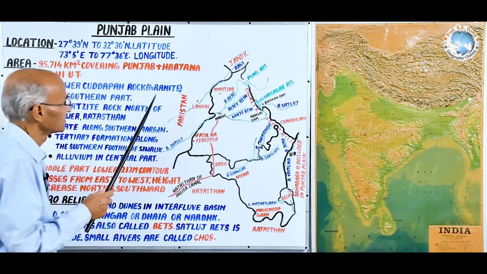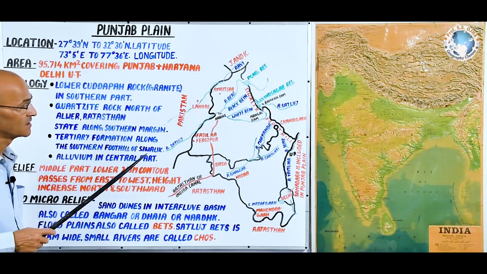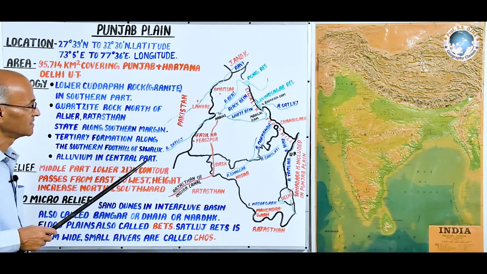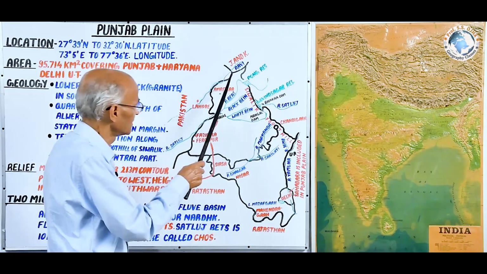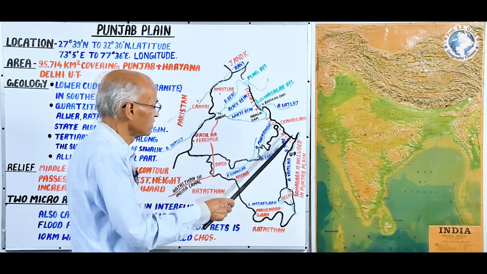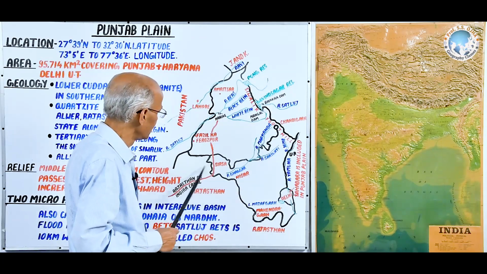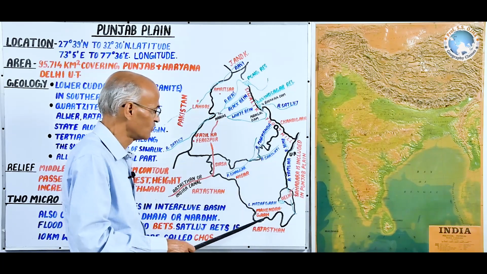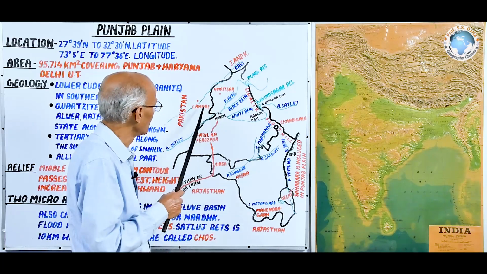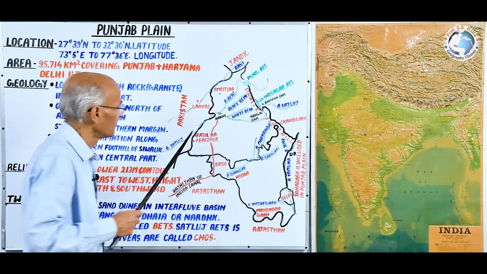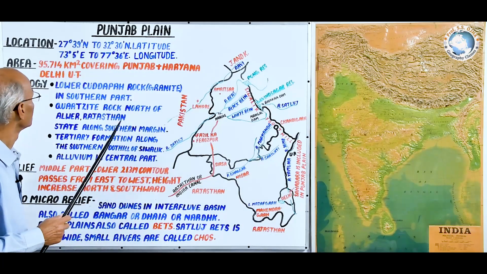Thus its geographical position may be defined by the Shivalik in the north, river Jamuna in the east, and the Rajasthan desert or state boundary in the south, and on the northwest the political boundary with Pakistan.